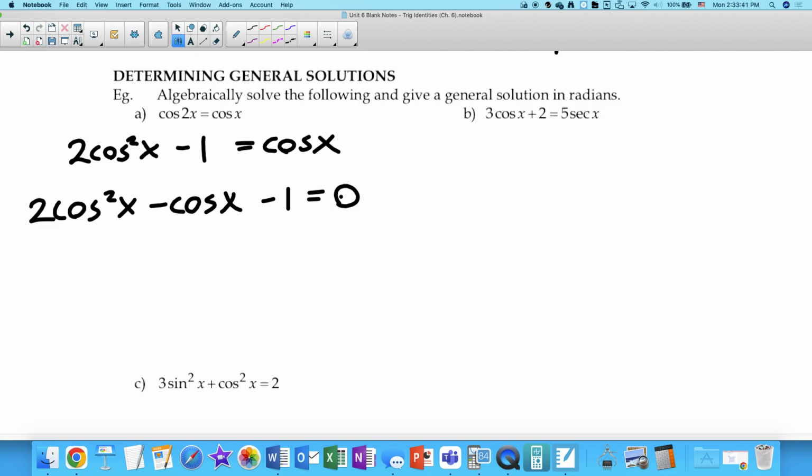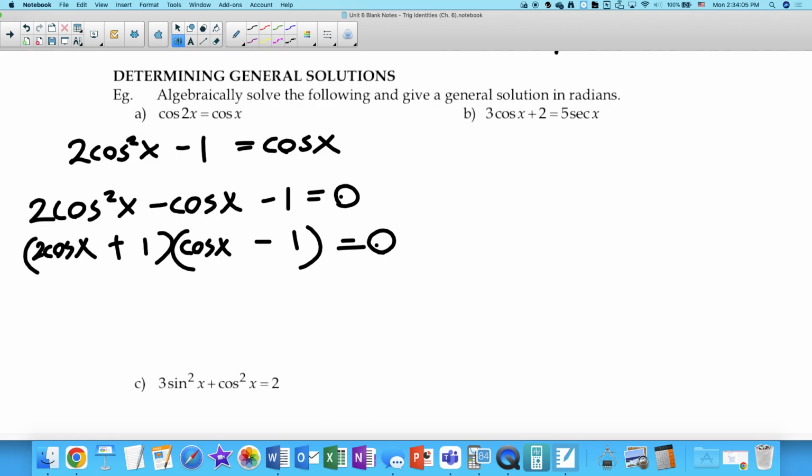All right, so this is factorable. So let's see, we need two numbers that, well, it's going to be 2 cos x and cos x to make the 2 cos x squared, and then 1 and 1, and we need minus plus, okay. There we go. So I know that many of you have different strategies for factoring these types of things. What I just demonstrated there was guess and check, or trial and error.